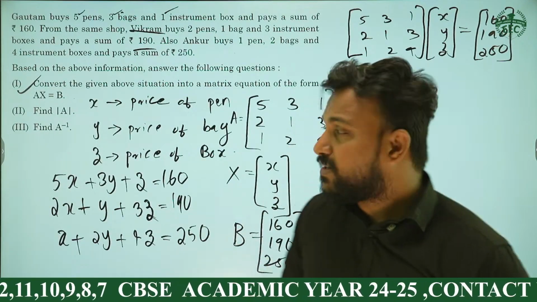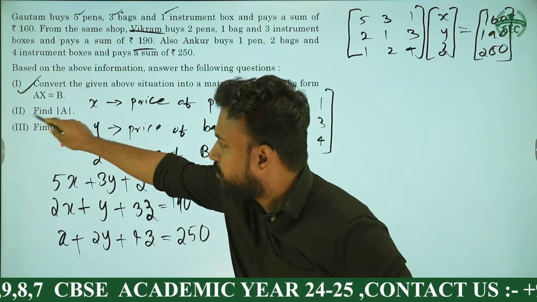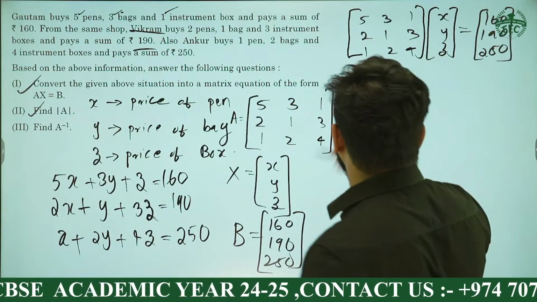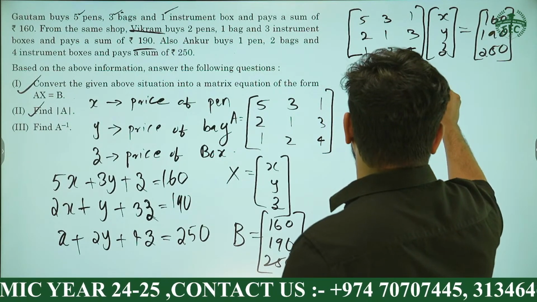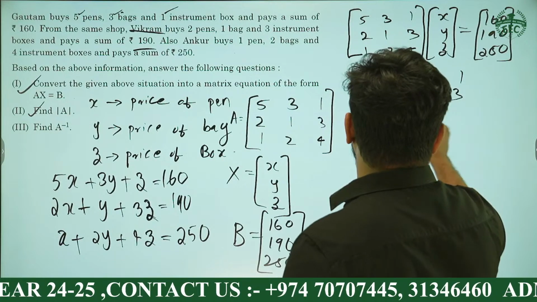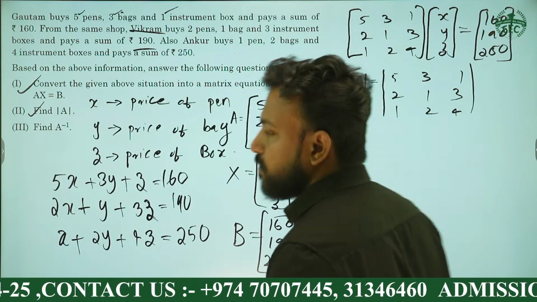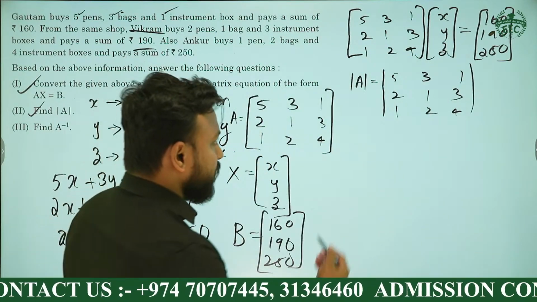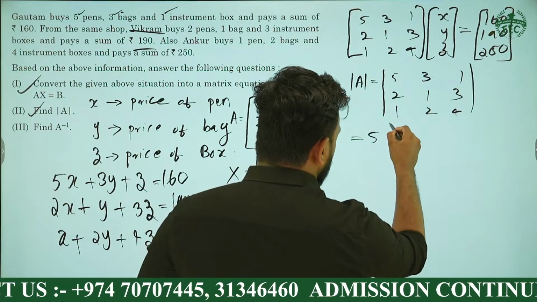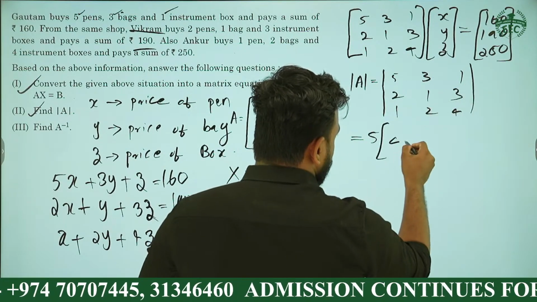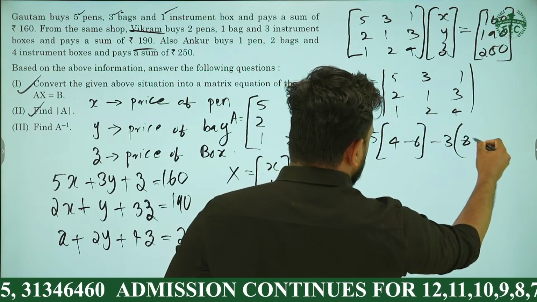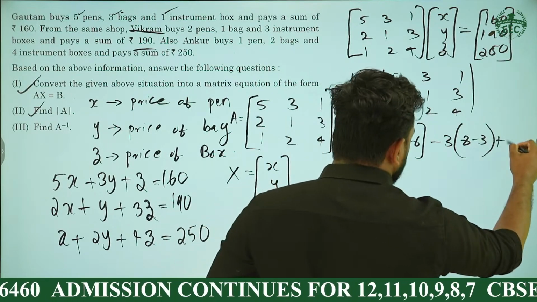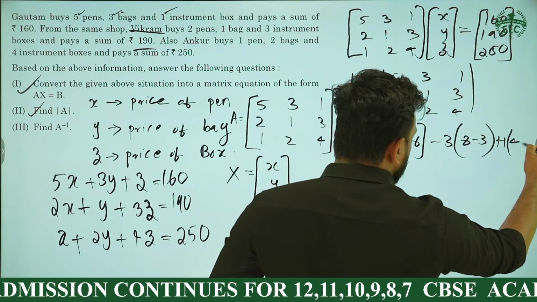Ready? What's the next question? Find the determinant of A. What is the determinant of A? That is 5, 3, 1, 2, 1, 3, 1, 2, 4. I think you know how to find the determinant. Here 5 times (4 minus 6), minus 3 times (8 minus 3), plus 1 times (4 minus 1).